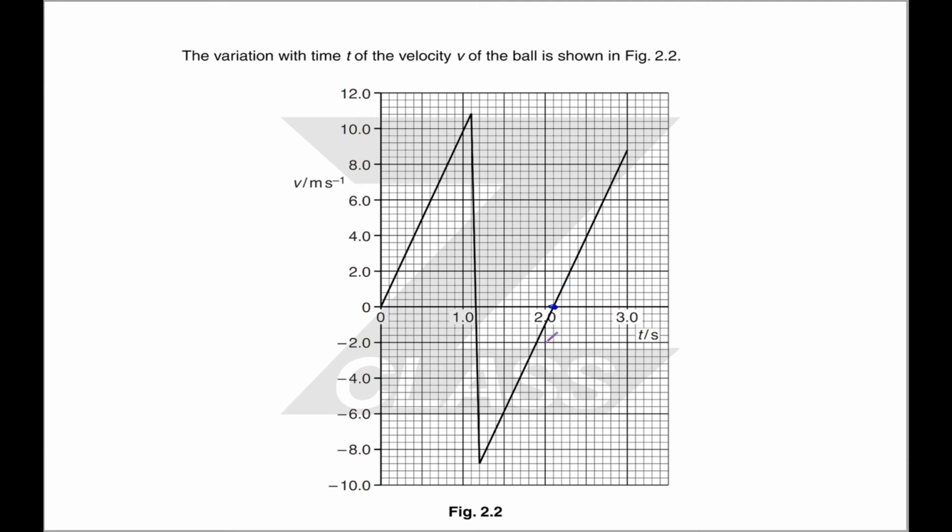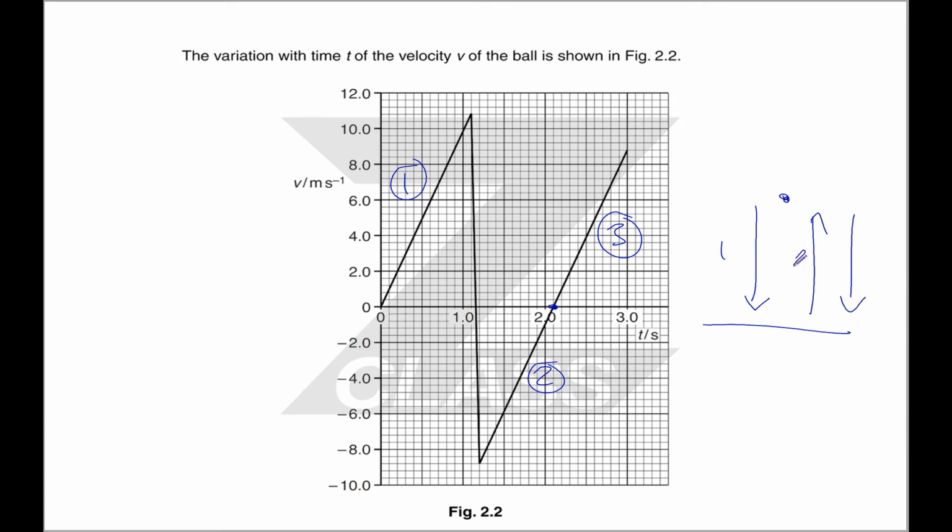gradually decreases to rest. So at this point, it's actually at rest. So it's back at its maximum point again. And then in this direction, it's falling back down. So yeah, the first one, it's falling down. So you've got 1, 2, and then this part is 3.